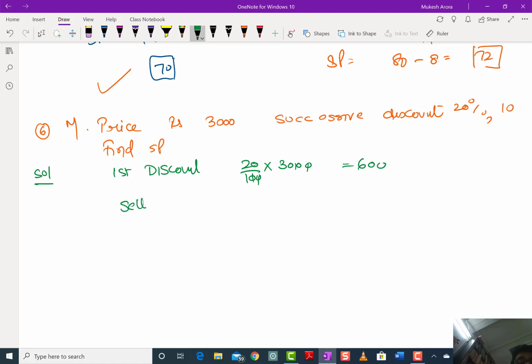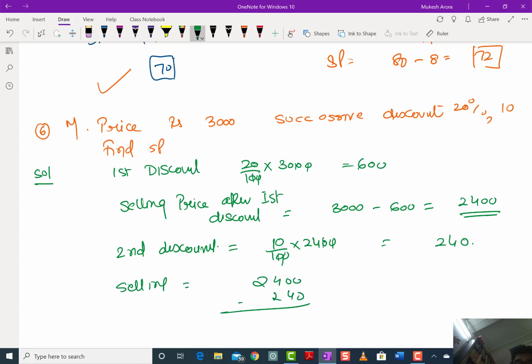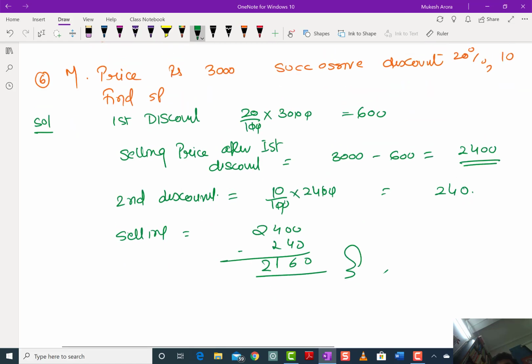So selling price after first discount will be 3000 minus 600, 2400. Second discount will be on the remaining price, that means 10% of 2400, 240. So selling price will be 2400 minus 240, 2160. So I hope you have understood.